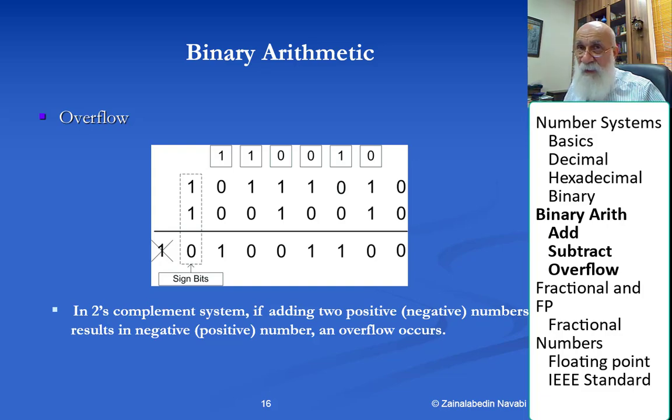When I say that we are representing something in the 2's complement system, we are giving it a size as well. Remember that the leftmost bit is always the sign bit. What it means is that I have to know the size, and therefore when you are dealing with numbers, you also have to know how many bits you are allocating for those numbers.